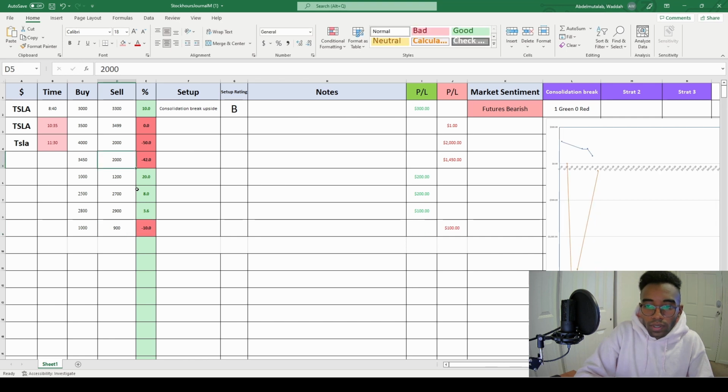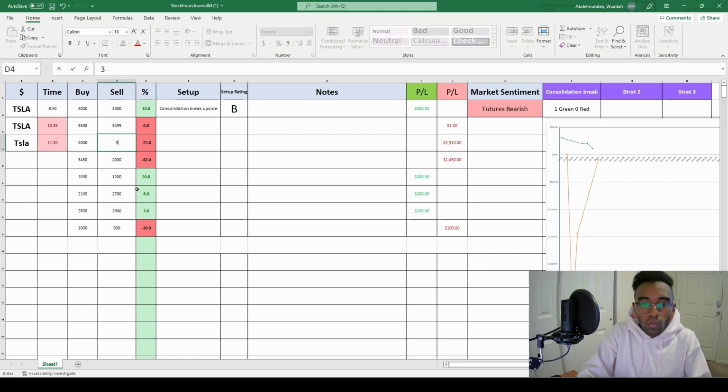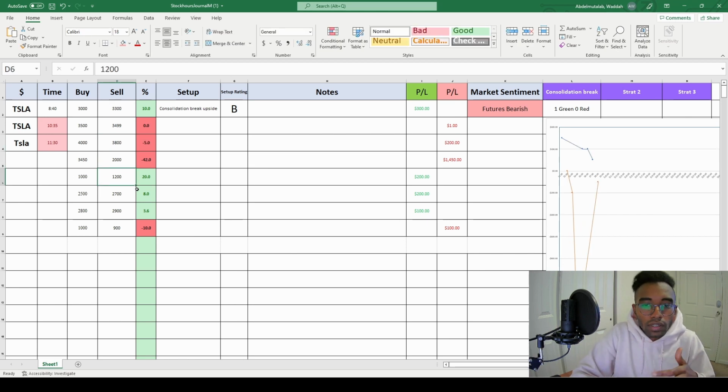When the numbers make sense and they're close to each other, you'll be able to recognize what your average gainer is and your average loss. Now, what does that help me with? That helps me not deviate too far from my average winner and my average loser.